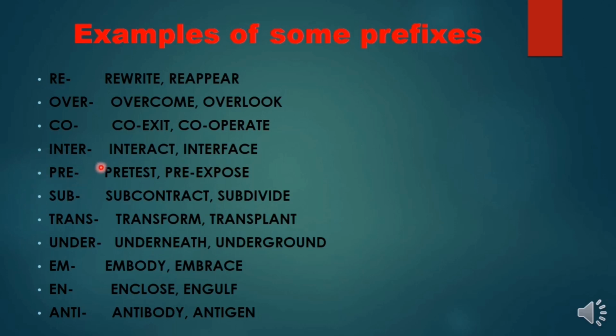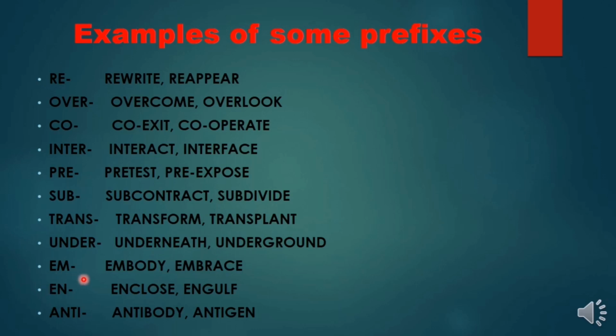By adding pre, and you know pre means before, the examples are pretest, preexpose. By adding sub: subcontract, subdivide. By adding trans: transform, transplant, etc. By adding the prefix under, the examples are underneath, underground. Next, by adding em, the examples are embody, embrace.